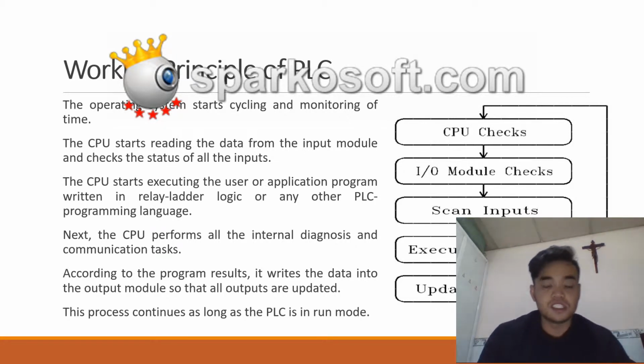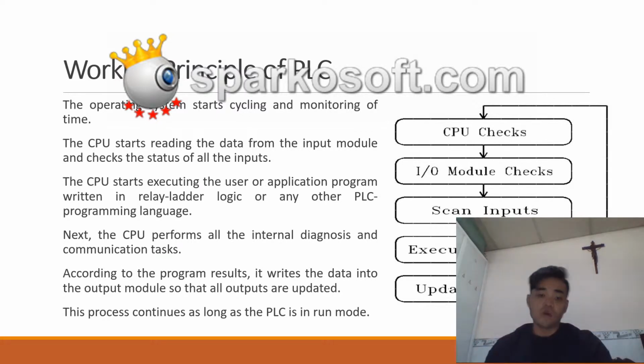Next, the CPU performs all the internal diagnosis and communication tasks. According to the program's results, it writes the data into the output module so that all outputs are updated. This process continues as long as the PLC is in run mode.